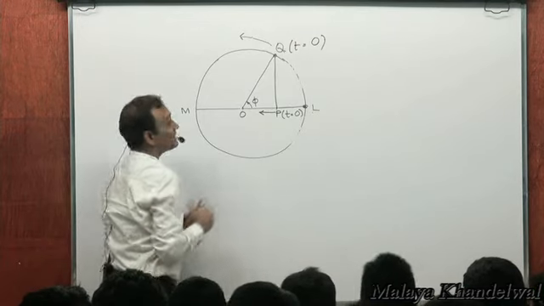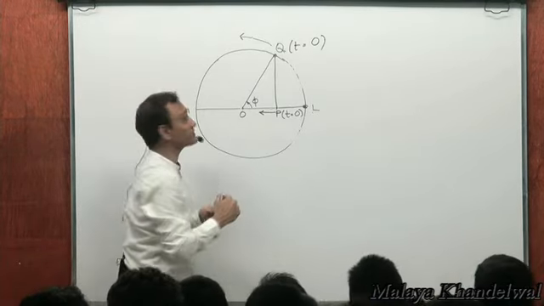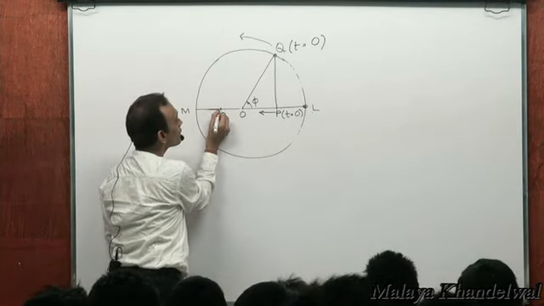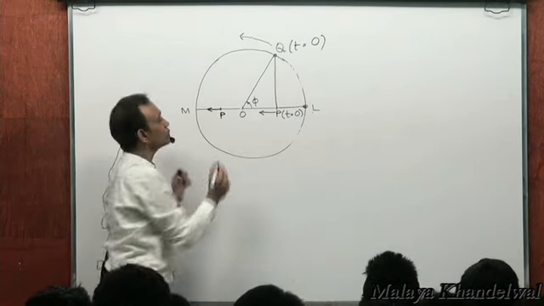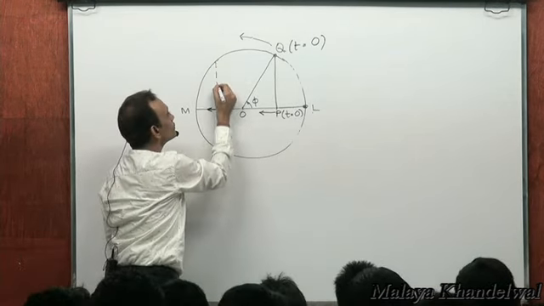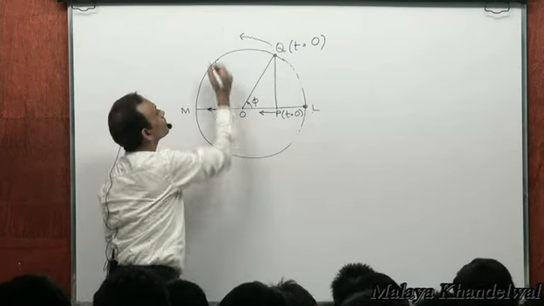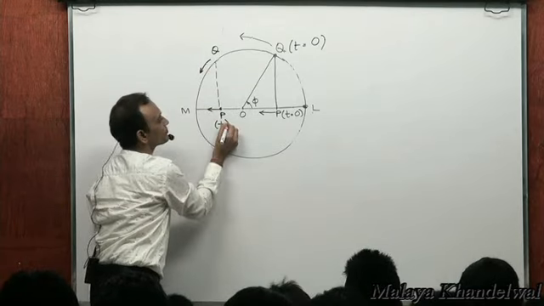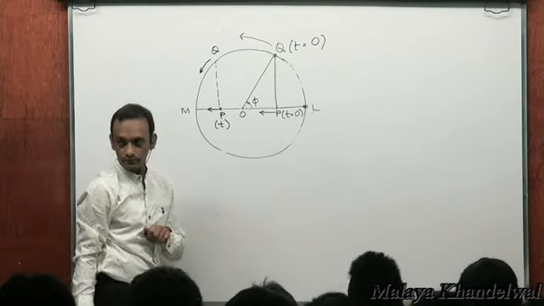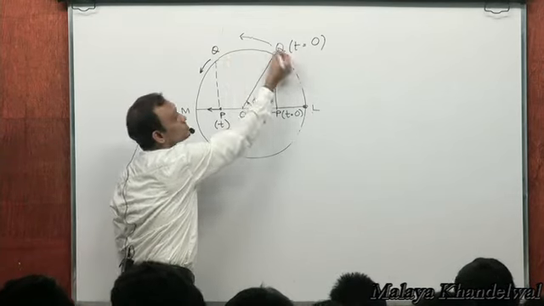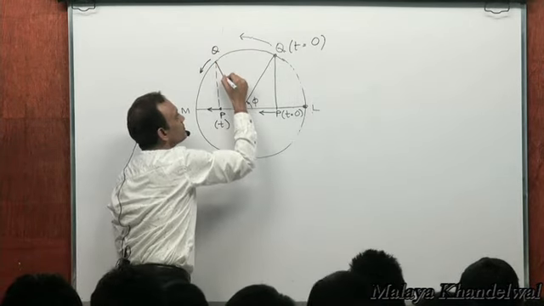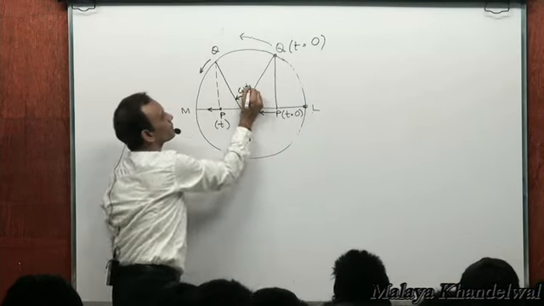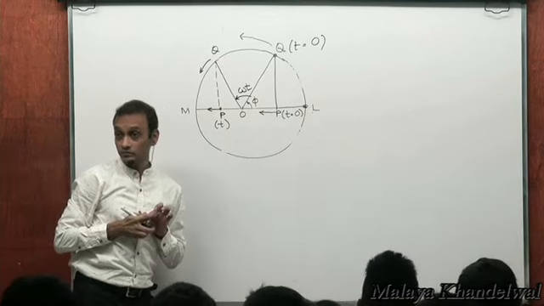Now, t seconds later, say the particle comes here, headed in this direction. The auxiliary particle, Q, would be here, headed in this direction, at an instant of time t, right? In t seconds, the auxiliary particle would have described an angle omega t at the center, right?